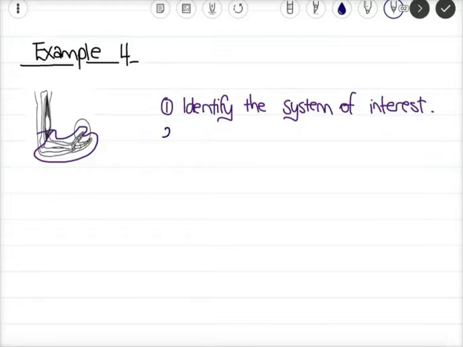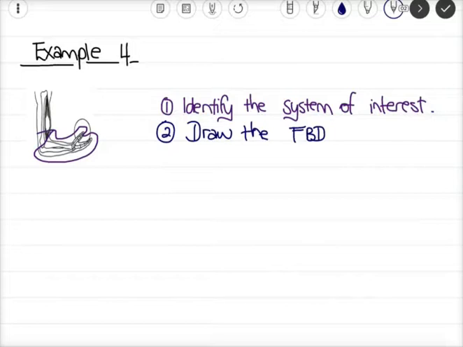Step number 2 is to draw the free body diagram. So we could break that up into the subcomponents to incorporate the strategies to draw free body diagrams, but for the sake of brevity, I refer you back to example 1.